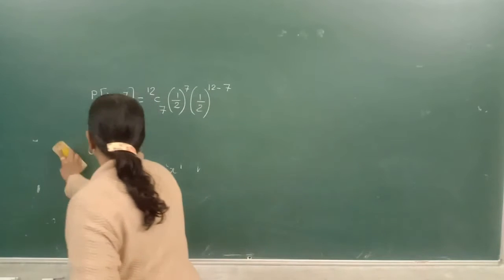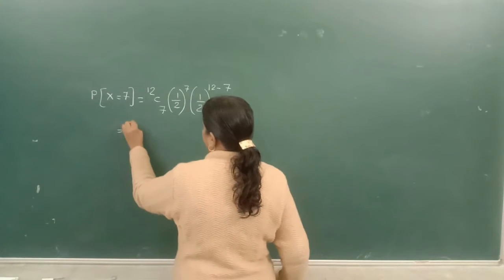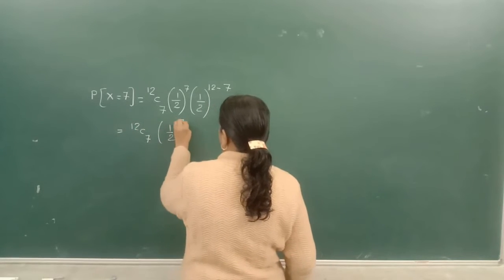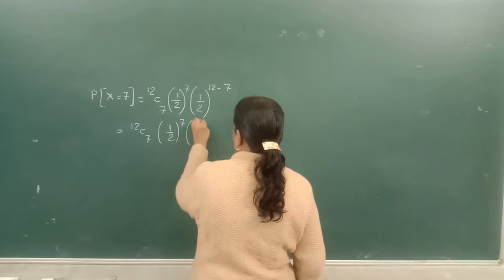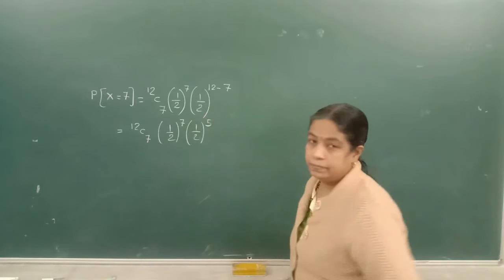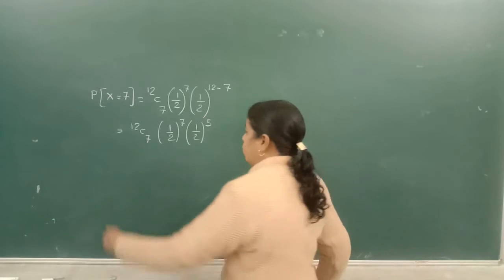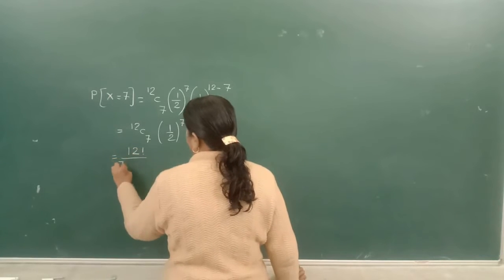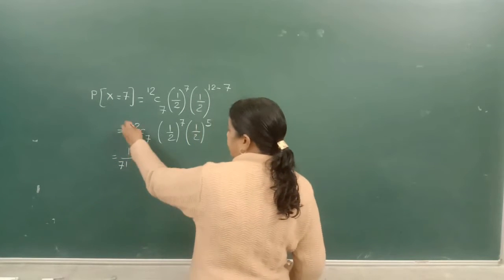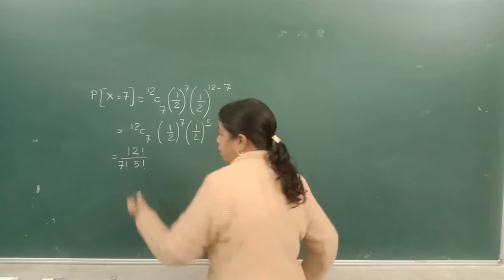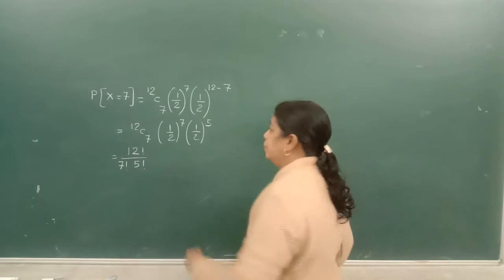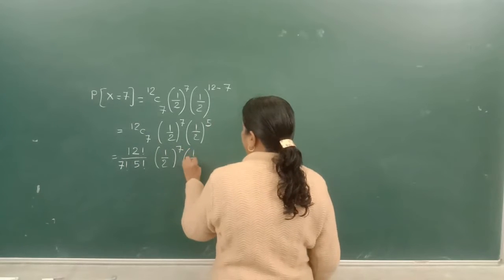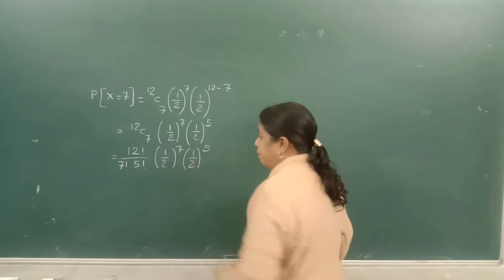Now just see. 12C7, 1 by 2 to the power 7, 1 by 2 to the power 5. Now I have already told you the formula for nCr: 12 factorial upon 7 factorial into 12 minus 7, that is 5 factorial, into 1 by 2 to the power 7 into 1 by 2 to the power 5.